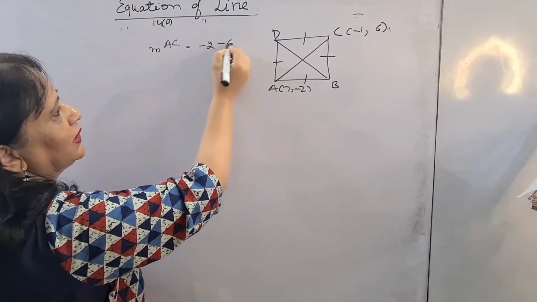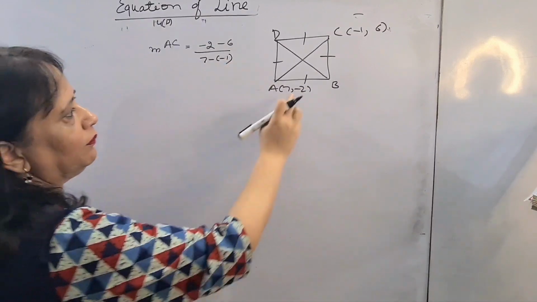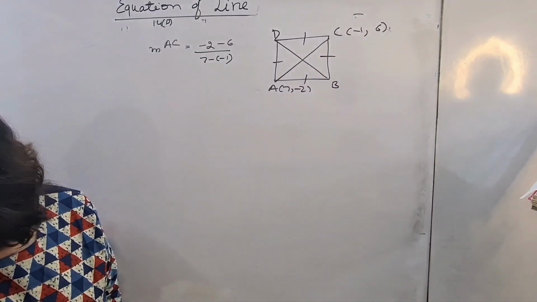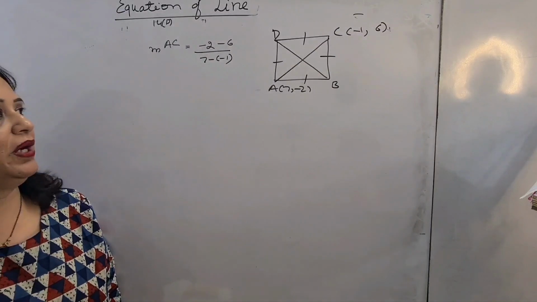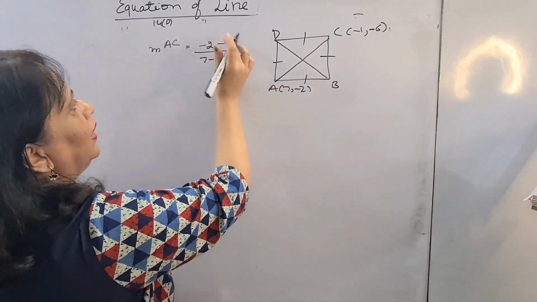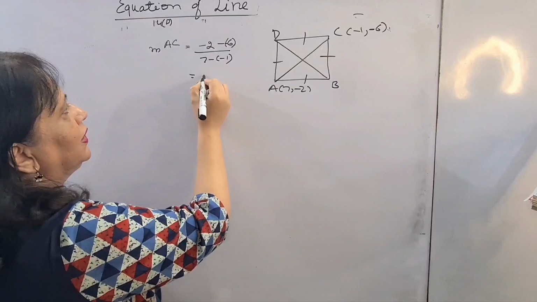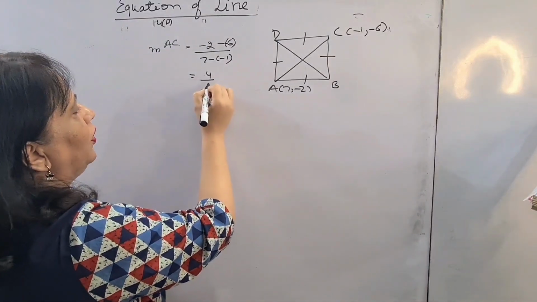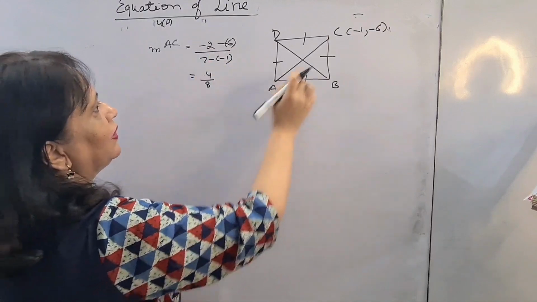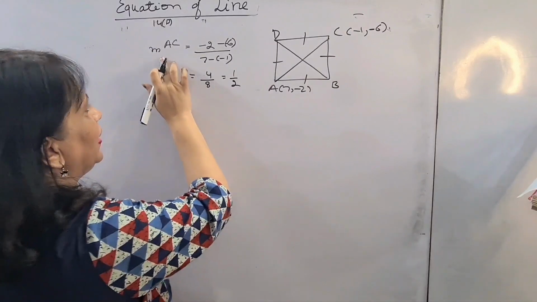Minus 2 minus minus 6 over 7 minus minus 1. Minus 2 plus 6 is 4, and 7 plus 1 is 8, so 4 upon 8, that is 1 upon 2. This is slope AC.